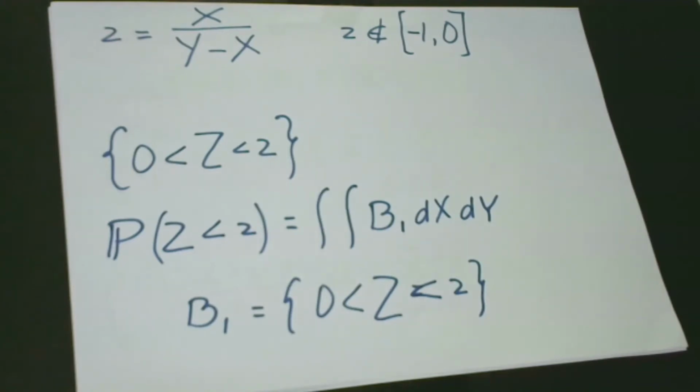Supposing we have variables x and y that are uniformly distributed in a certain interval, and we define z as x over y minus x.